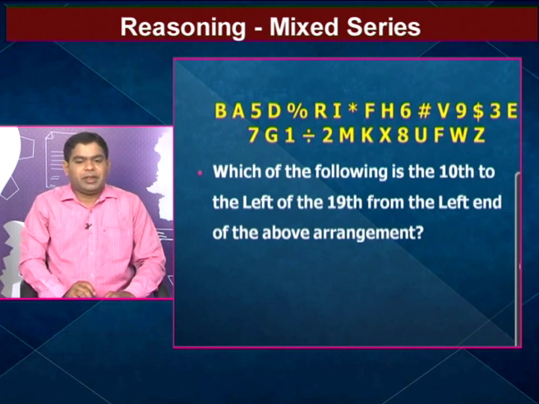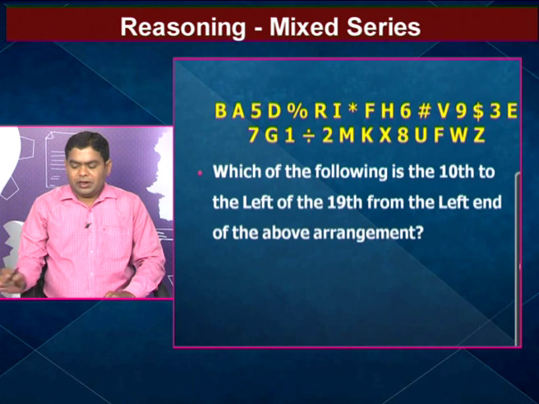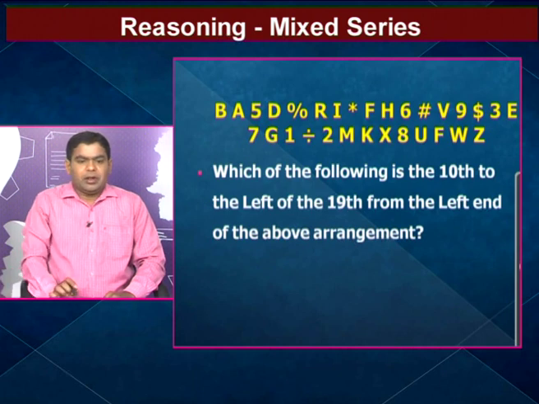Which of the following is the 10th to the left of the 19th from the left end of the given arrangement? Here in the question, both left directions are given. Left is given, so we subtract the given numbers.